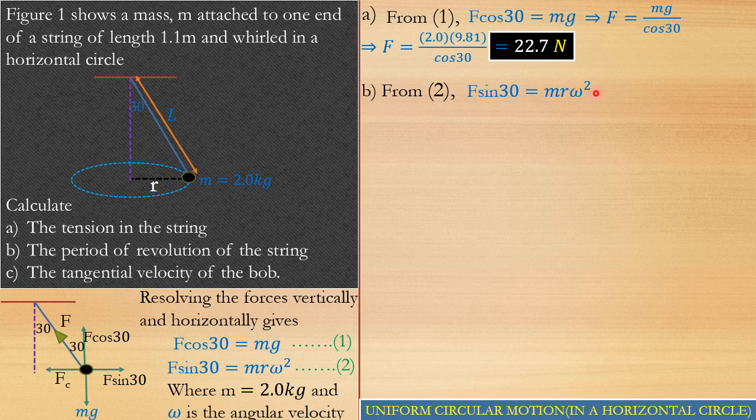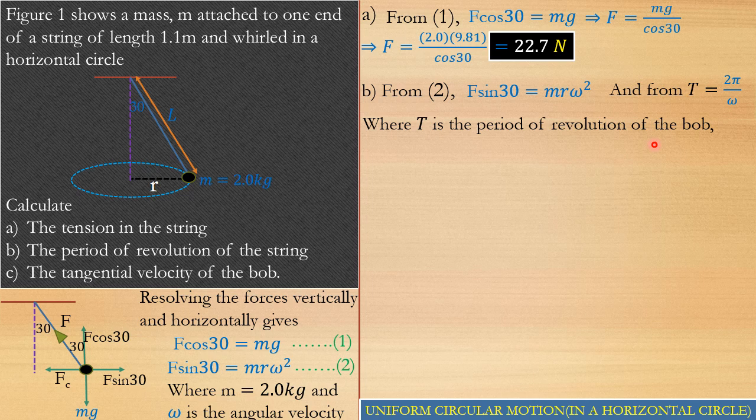So friends, we have our F sine 30 to be the same as M r omega squared. But we know that our T is 2 pi over omega. We defined omega already, so there's no need for us to tell them what omega is. We must now tell them what T is. We can tell them that T in this case is the period of revolution of the bob.